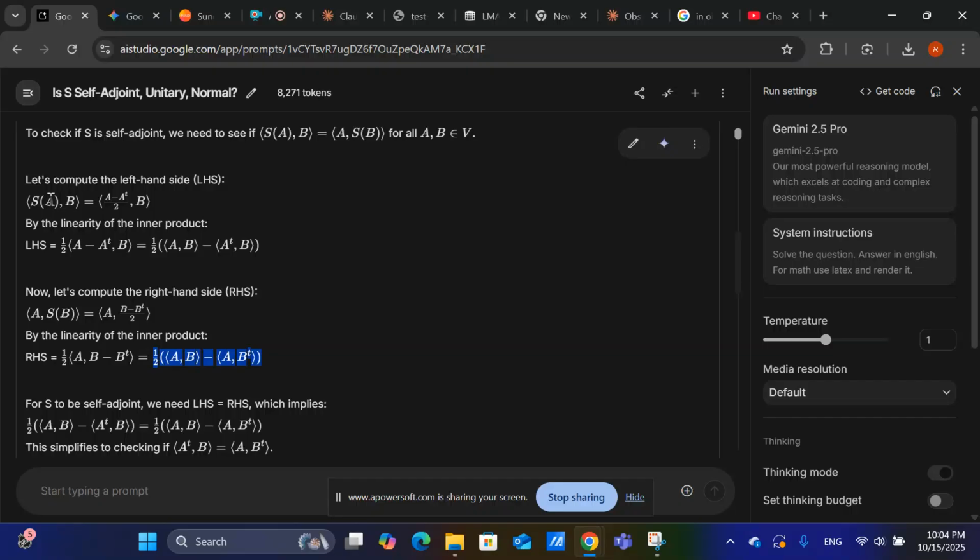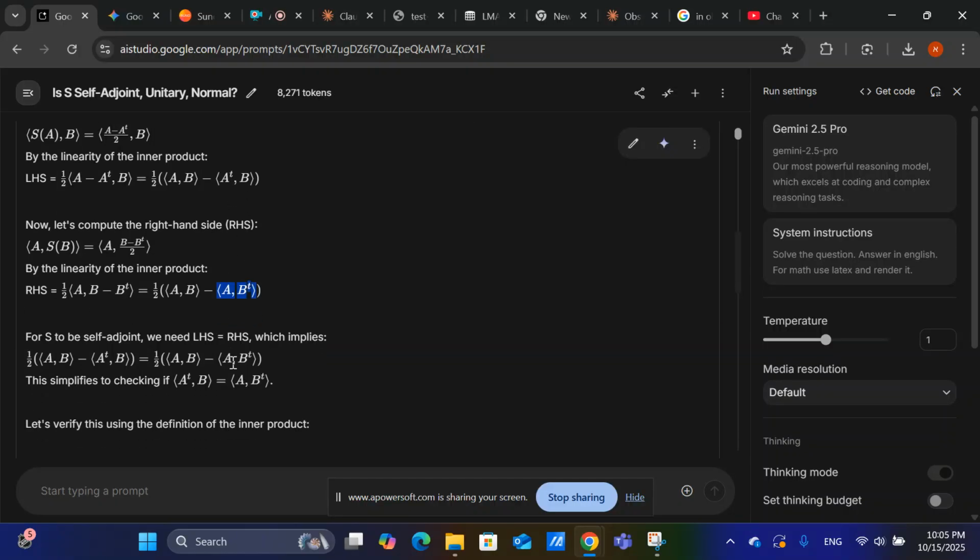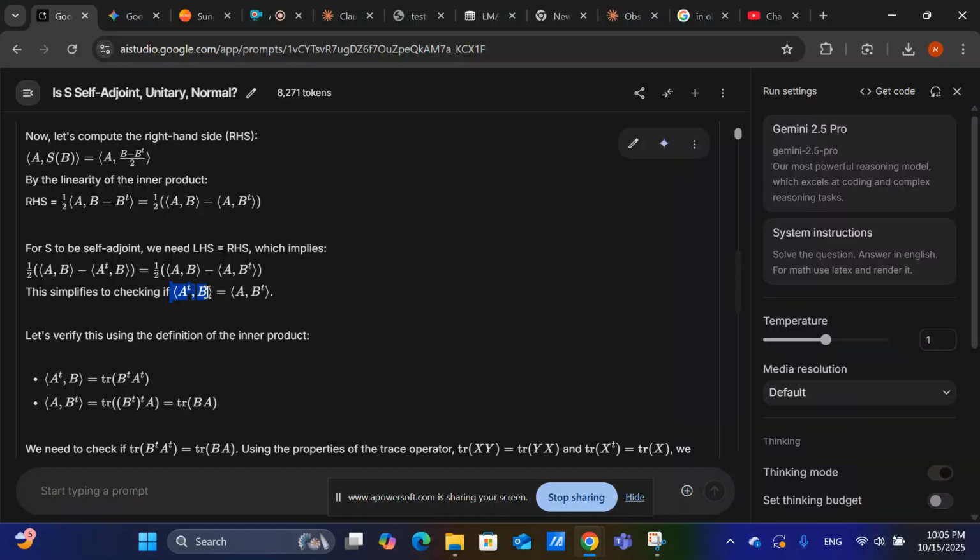Now the question is, does this thing equal this? The only problem is this little right side here. They are not equal, or at least they don't seem right away equal. The left side is okay, it equals. So let's see if the right side equals.